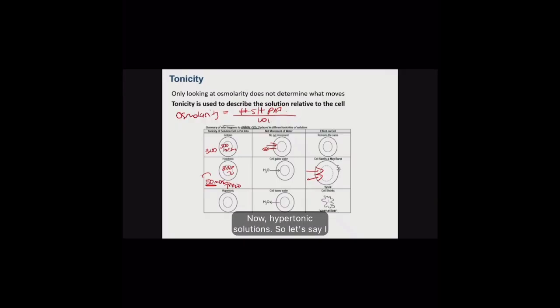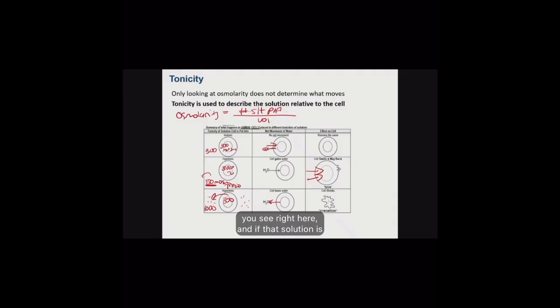Now, hypertonic solutions. So let's say I have my cell with 300 milliosmolar, and I place it in a solution of 1,000 milliosmolar. So the solution is now hypertonic. It has a higher tonicity relative to the cell. So water is going to move out of the cell because we now have more solute particles in the solution than in the cell, okay? So water is going to move out of the cell, as you see right here.